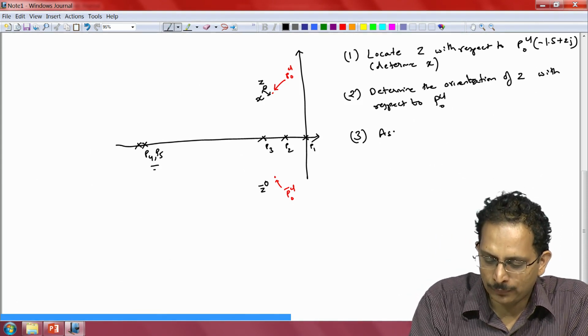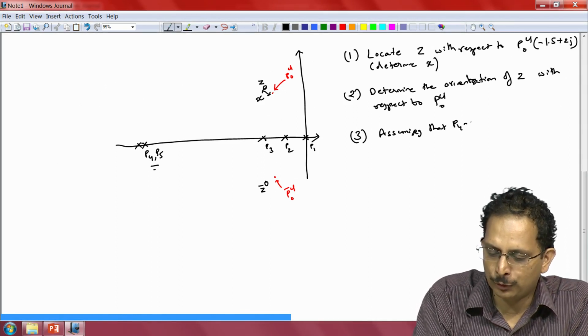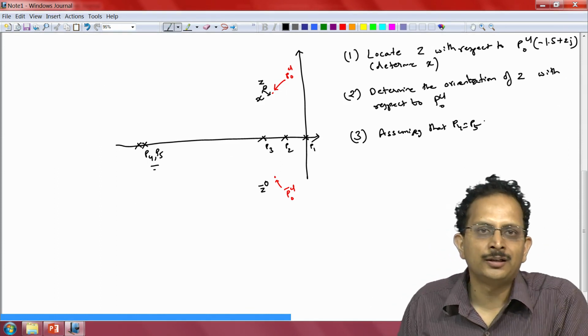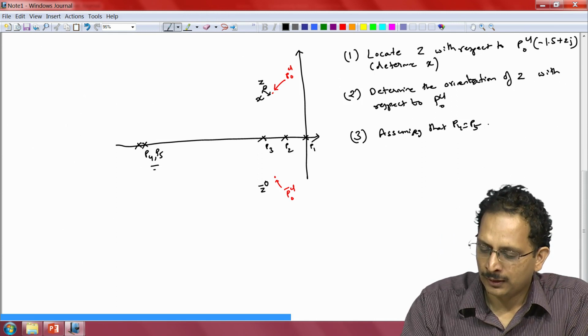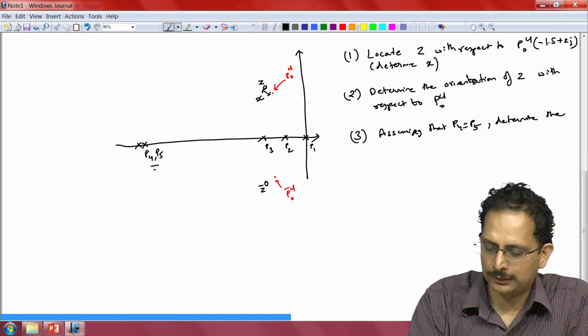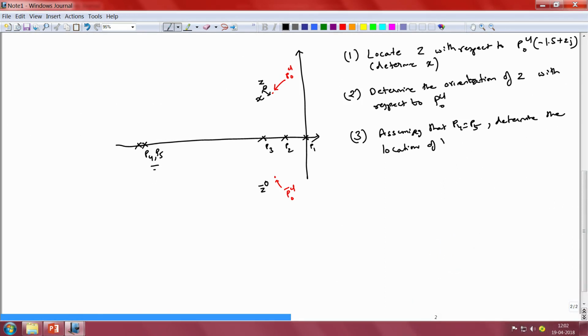So assuming that P4 is equal to P5, so you have therefore coincident poles for the controller, determine the location of P4. The fourth step is to determine the gain of the controller.